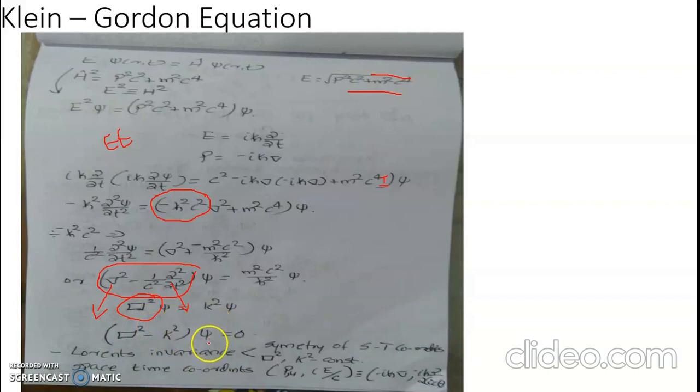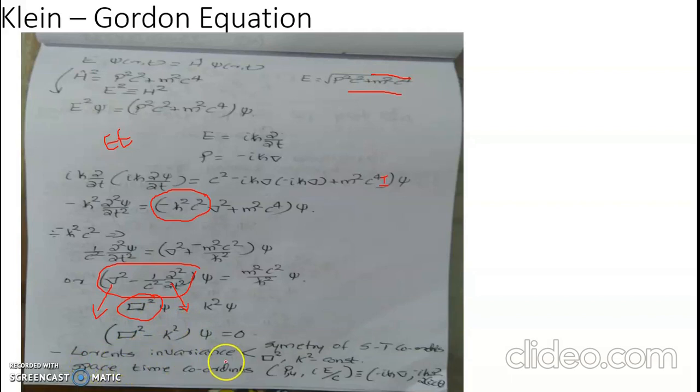So depending upon the quality of the wave function psi, this can be Lorentz invariant or not. It will be satisfying Lorentz covariance if this is mathematically a scalar or a pseudo-scalar. But the operator part is Lorentz invariant, so this is a potential choice of relativistic wave equation.